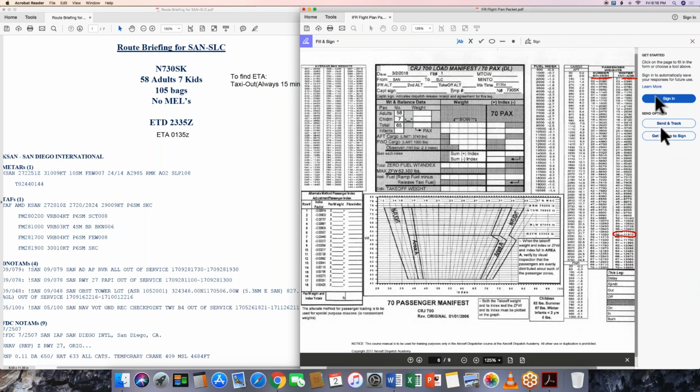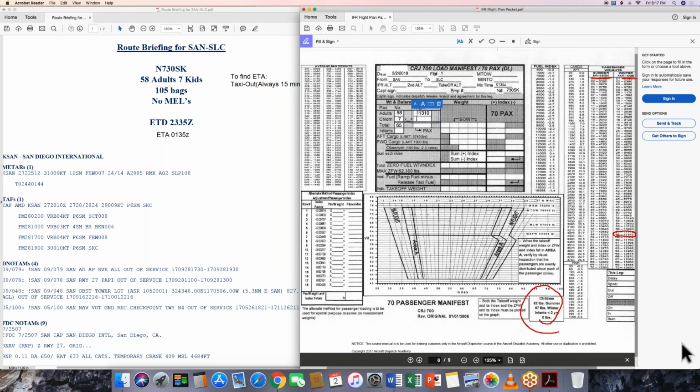Okay. So where are the kid weights? The bottom. Okay. Here are our children weights.